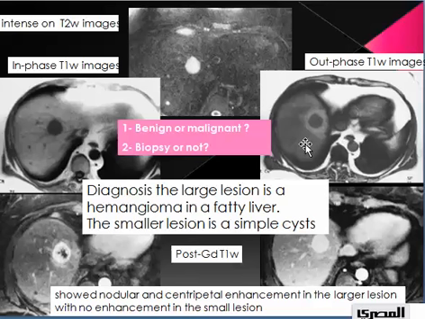The large lesion is a hemangioma, as it is seen here, and intensely bright in T2 weighted images. So it is a hemangioma in a fatty liver, as it is proved by the out phase. And the smaller lesion is a small cyst, that one.